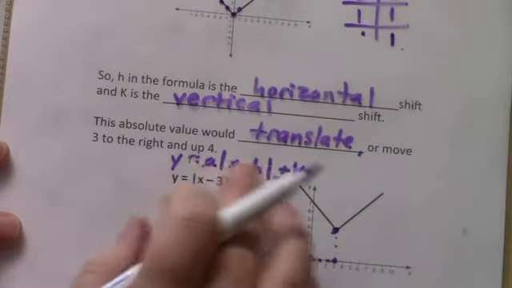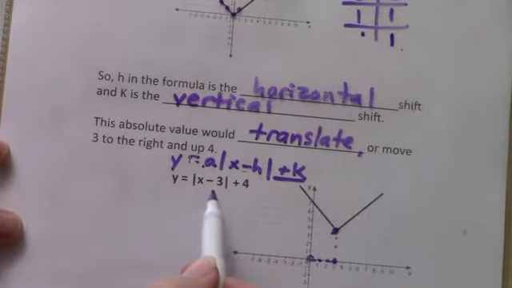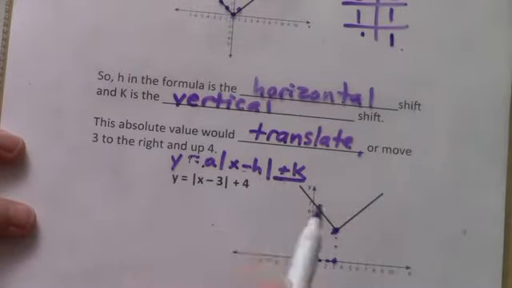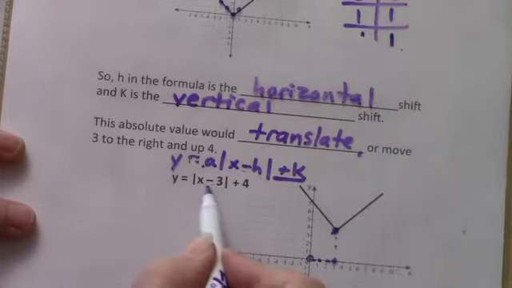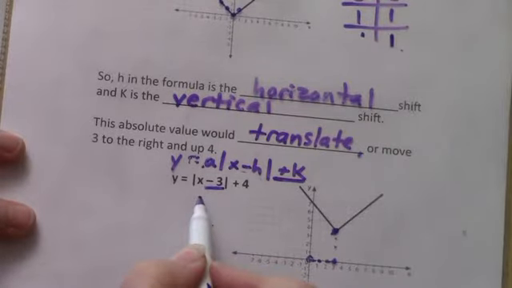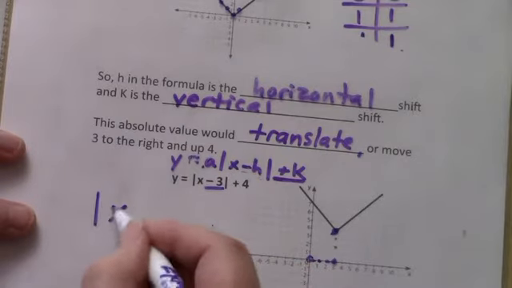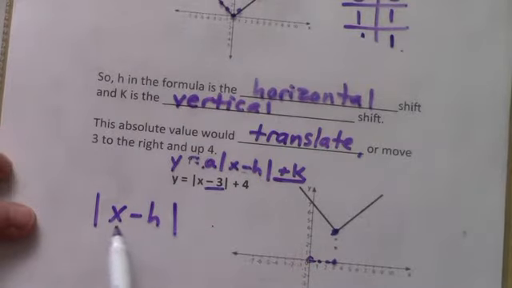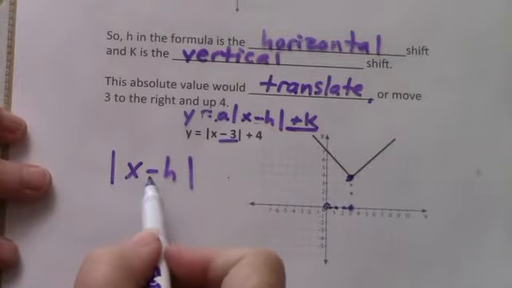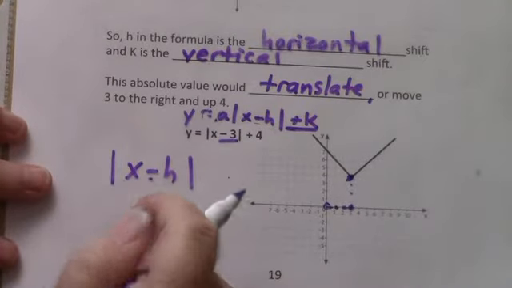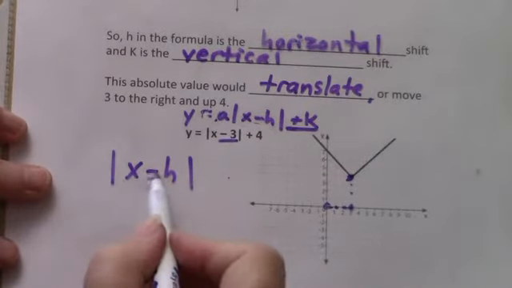If you go back to the previous page, and let me erase my markings here. I said that this 3 was a positive 3, and we've always been taught to keep the sign in front of it, that it should have been a negative 3, but here's why it's not. Our formula, let me write it larger. In the portion of our formula that says x minus h, the minus is part of the formula.